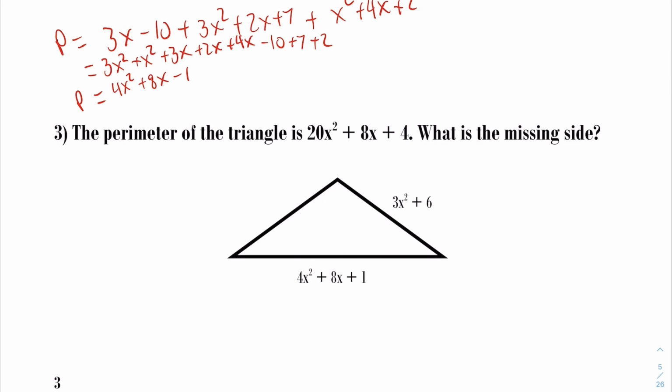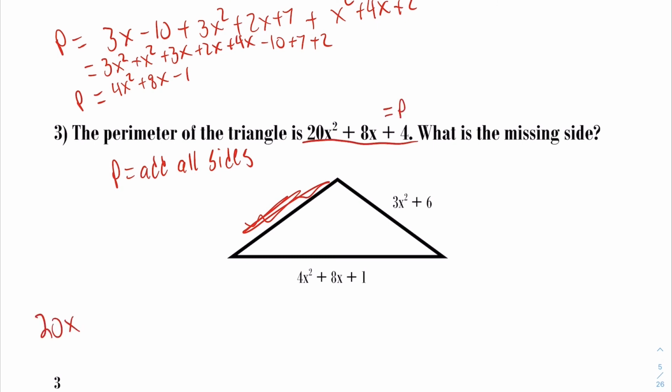Okay, I'll help you set up this one, but really you should be able to do this on your own. The perimeter equals add all sides. But the problem is we don't know what this side length is. But we do know what the perimeter is. So somehow 20x squared plus 8x plus 4 comes from adding together 4x squared plus 8x plus 1, this right side also, plus 3x squared plus 6.